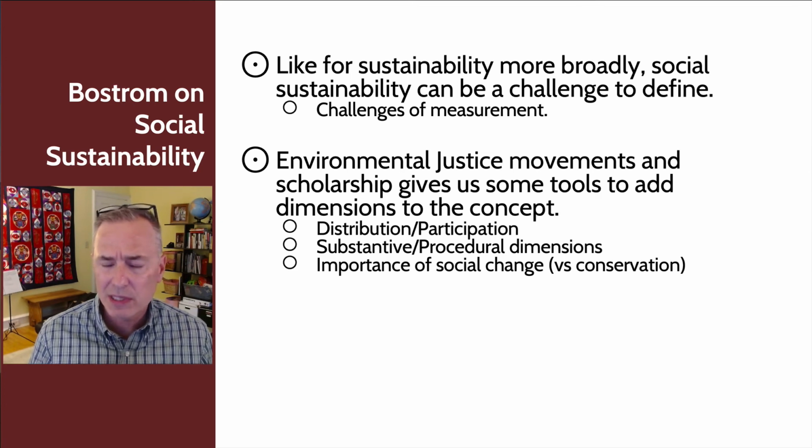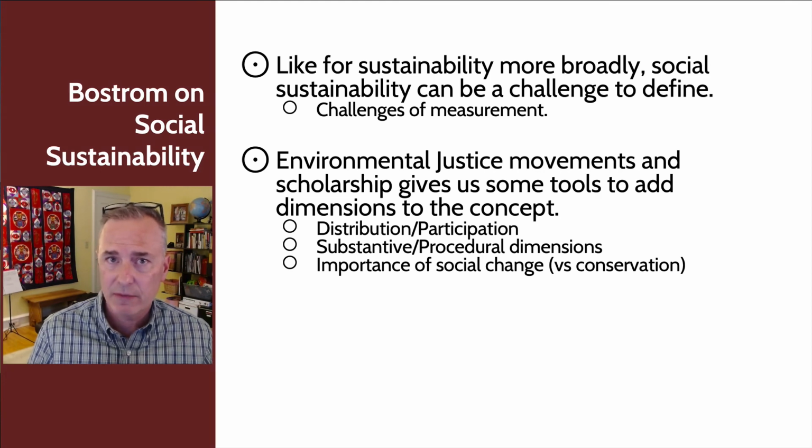And then also the importance of social change and the fact that, as I was saying in the case of forest conservation or some species preservation, keeping things the same isn't necessarily always a good thing for everybody. For people who are subject to inequality and injustice, social change is an important goal. And so we have to think about what our goals are, who we are, and whether or not everyone's a part of that process.